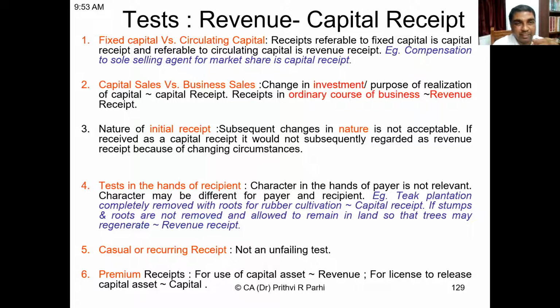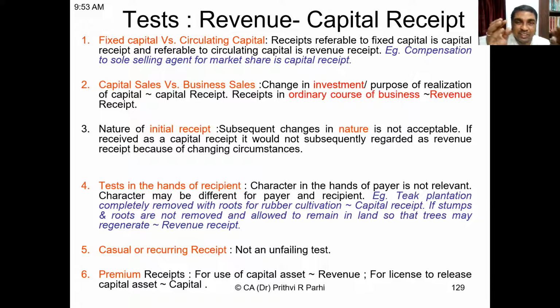Yes, sir. Next concept. So friends, we are trying to appreciate certain principles relating to income. Now, the second concept is capital versus revenue. Change in investment or realization of a capital asset is a capital receipt.